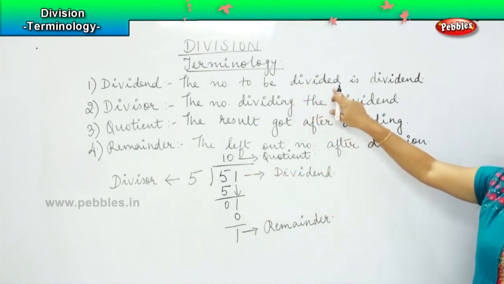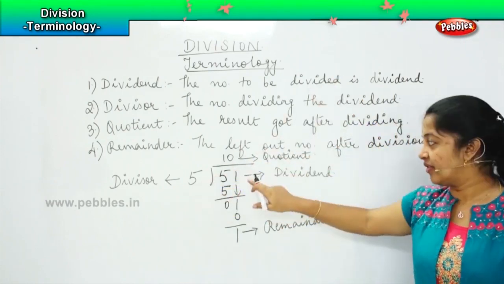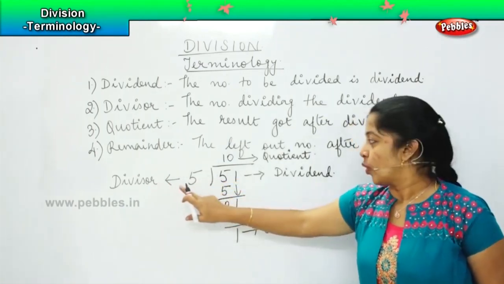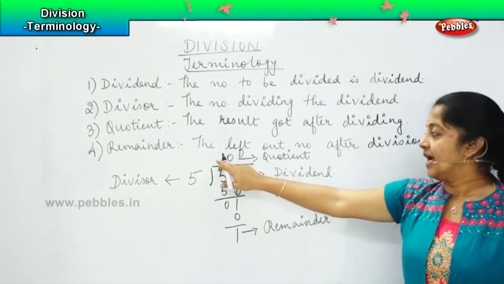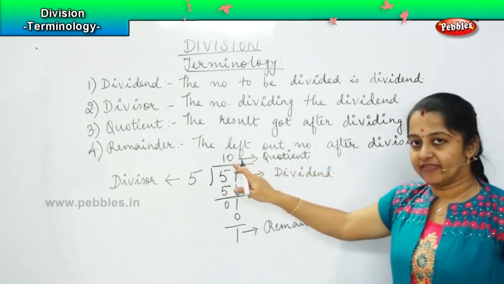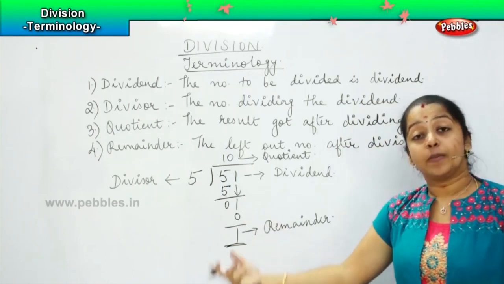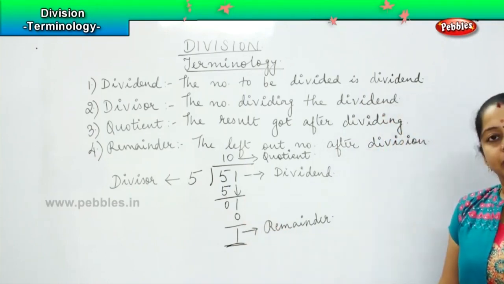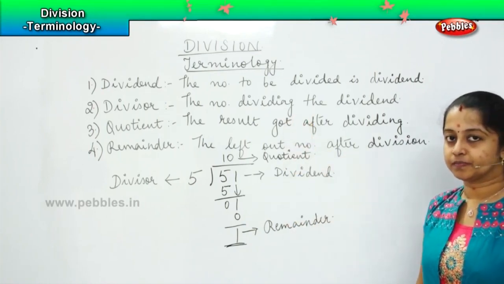That is the number to be divided. The number with which I am going to divide this number is called my divisor. When I divide this number, I get an answer, right? That answer is called my quotient. In case after dividing, I have any number which is left out, which cannot be divided further, that number is called my remainder. So, are the 4 concepts clear, children?